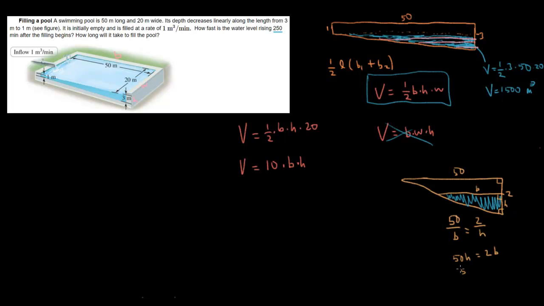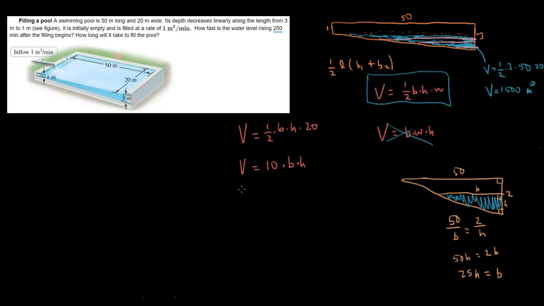So I could write, dividing both sides by 2, 25H equals B. Just divide both sides by 2. And now plug in over here.